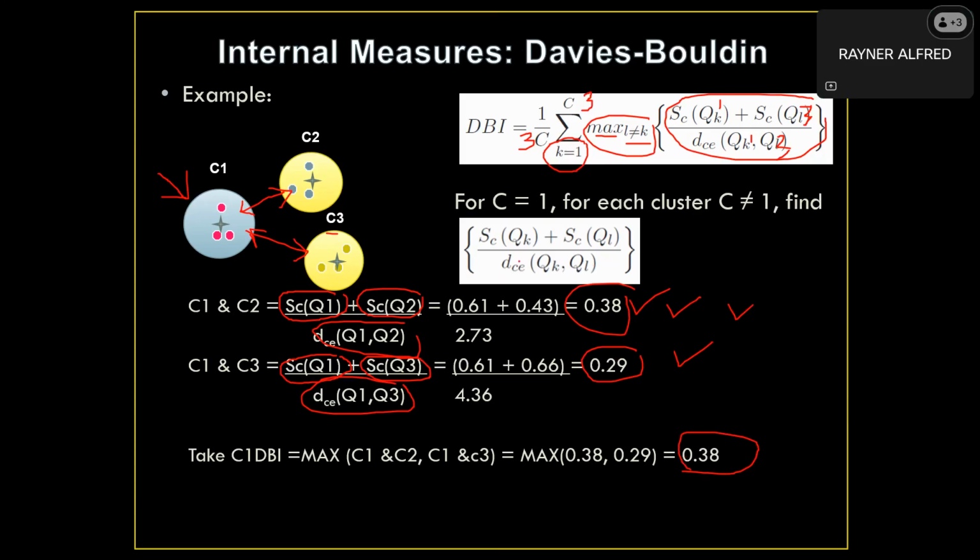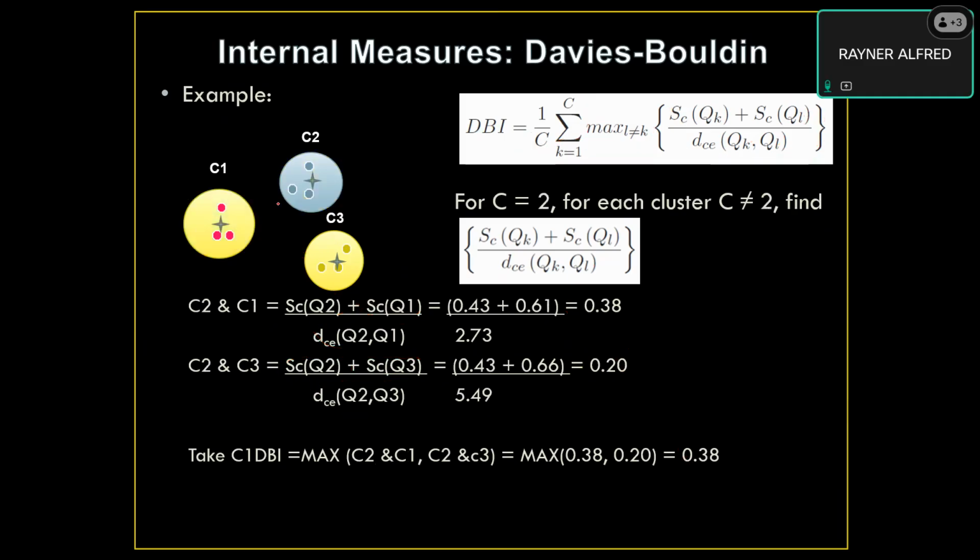Now we have completed C1. Now we move to C2. C2 will do the same here. We compute these two values, and then we pick the one that gives you the worst scenario, which is this one.